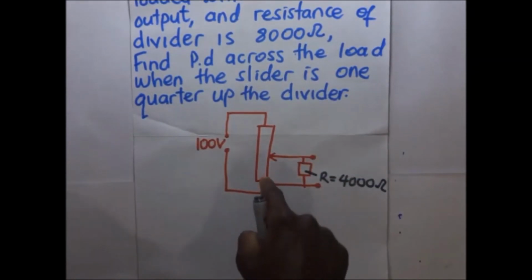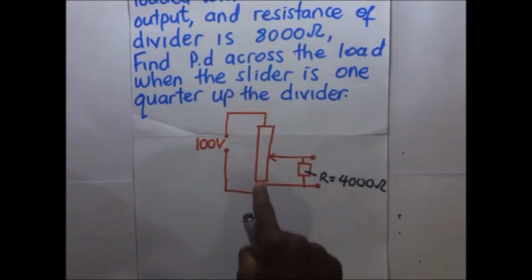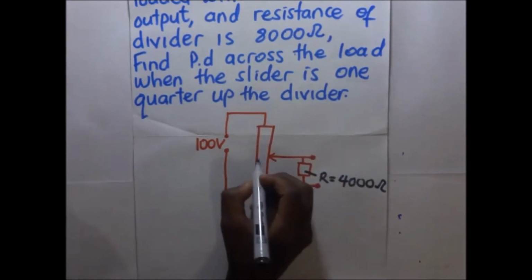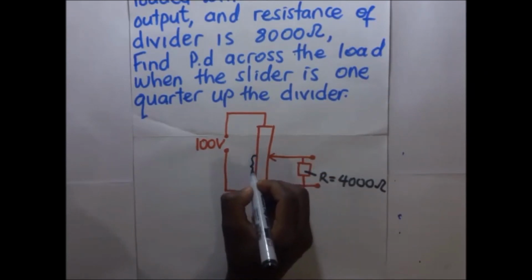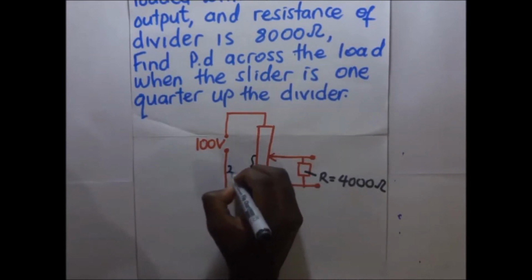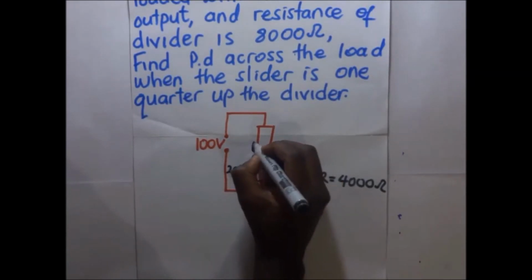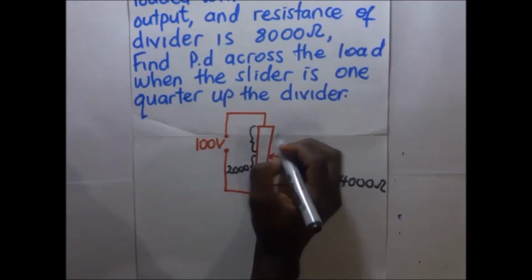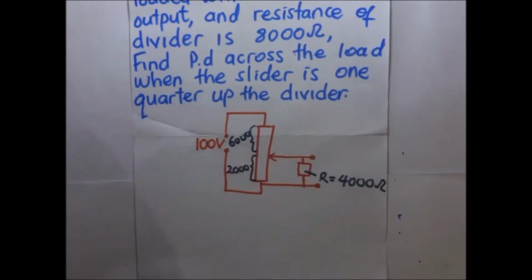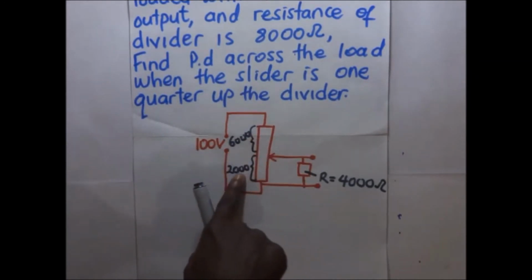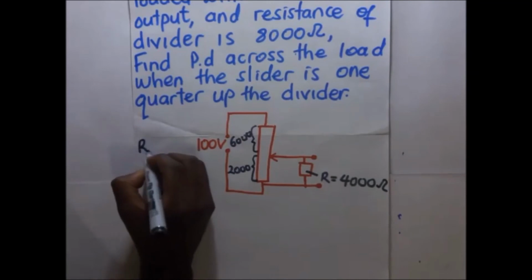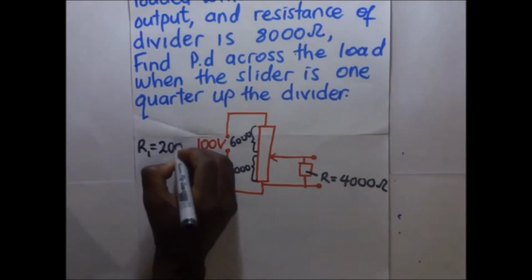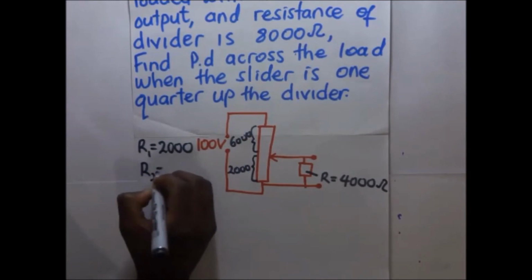If the slider is 1/4 way up the divider, it means that 1/4 of 8,000 gives this bottom part a resistance of 2,000, and this upper part has the remaining bit, which is 6,000. So 6,000 plus 2,000 makes it 8,000 ohms. It also has an input voltage of 100 volts. So here our R1 is 2,000 and our R2 is 6,000.